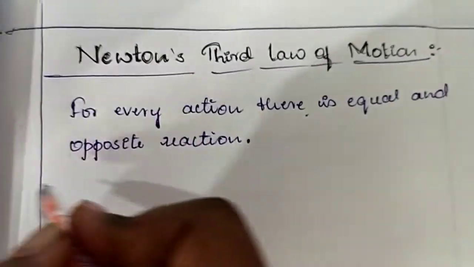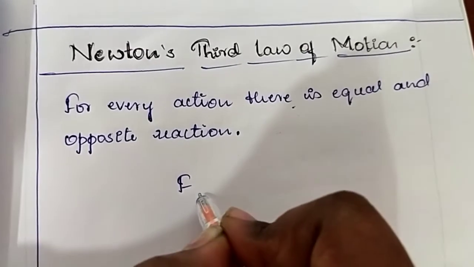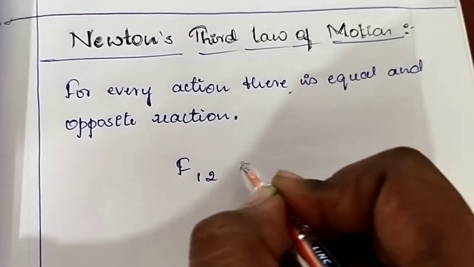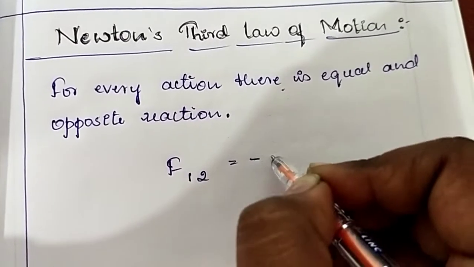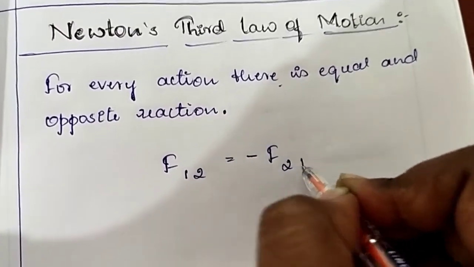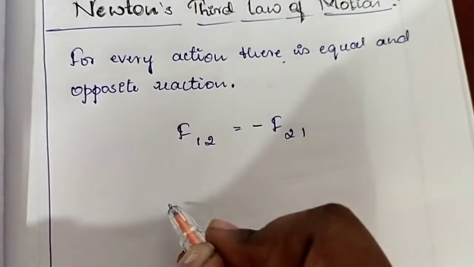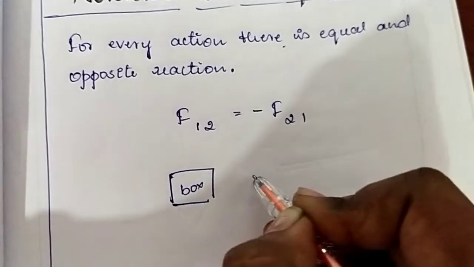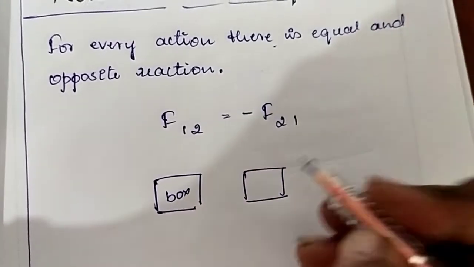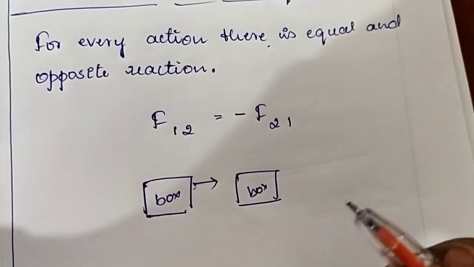Okay. So let us see, for example, force applied 1, 2 will be minus of force 2, 1. We'll see how it is. A box will be here, and similarly a box is also here. This box is exerting force.